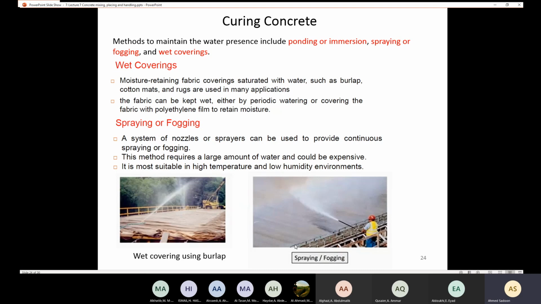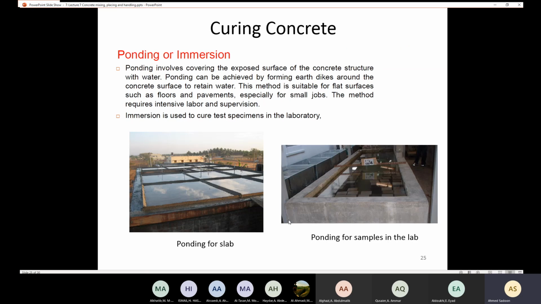This method requires a large amount of water and could be expensive. It is most suitable in high temperature and low humidity environments. So if your area has high temperature or low humidity, this is going to be a good method to start the curing process for the concrete.